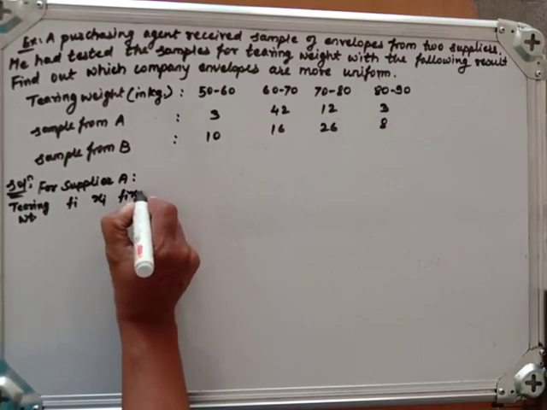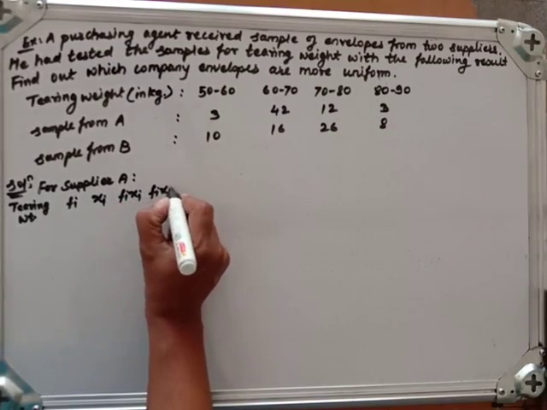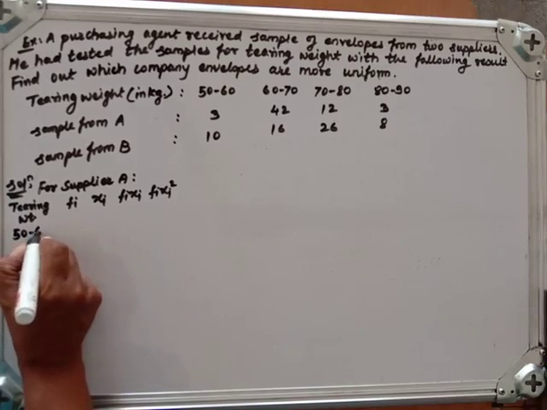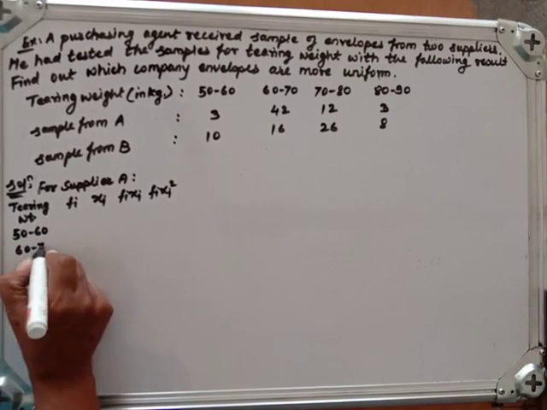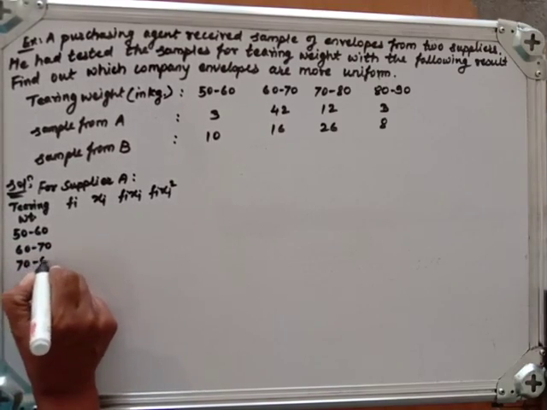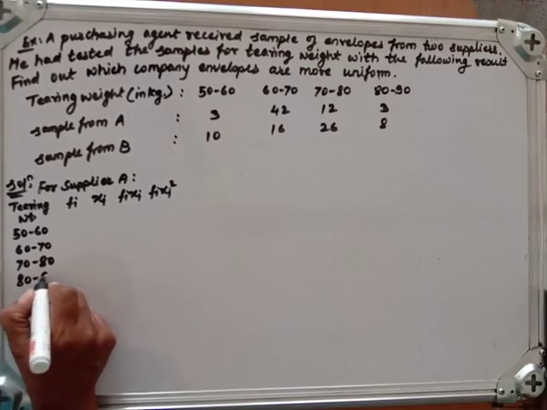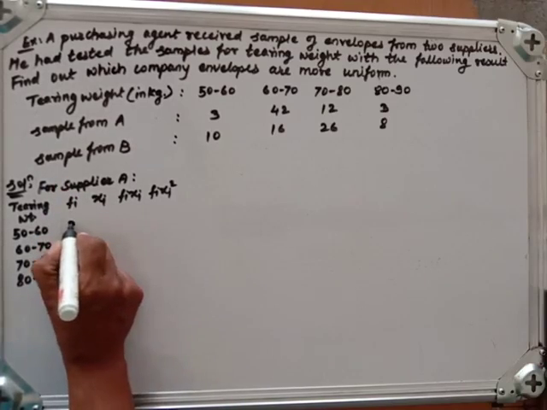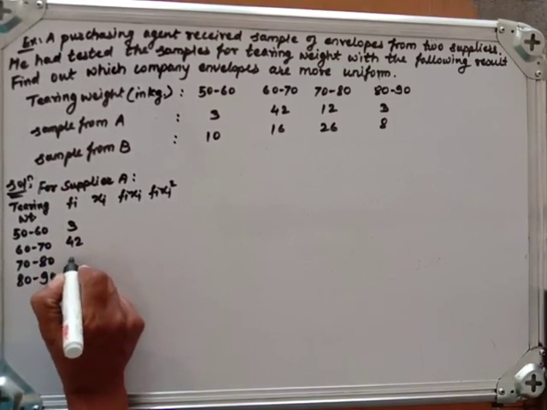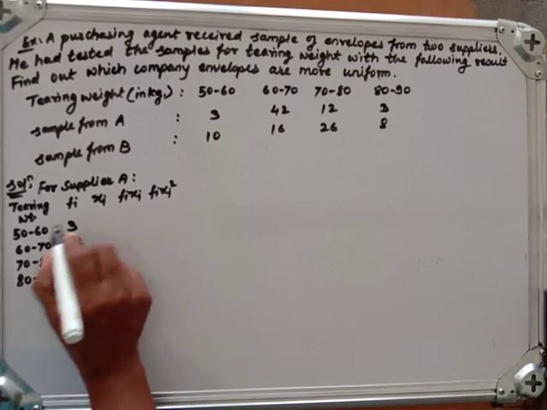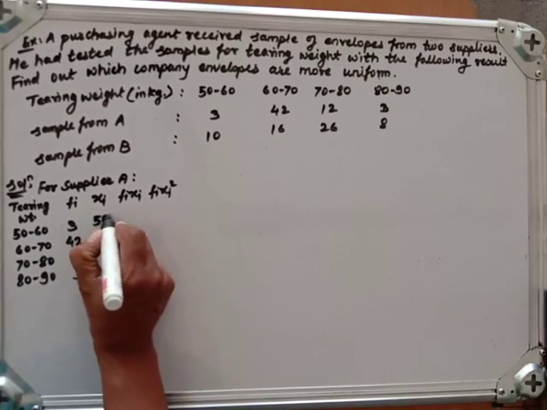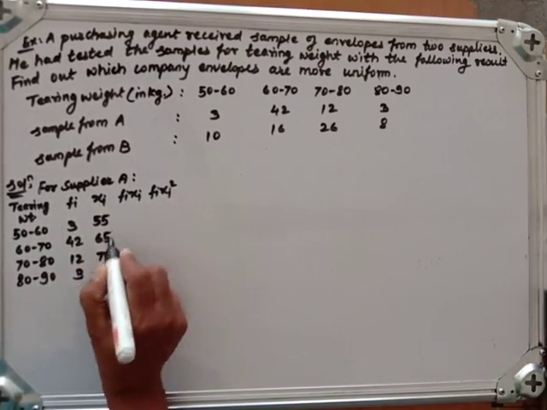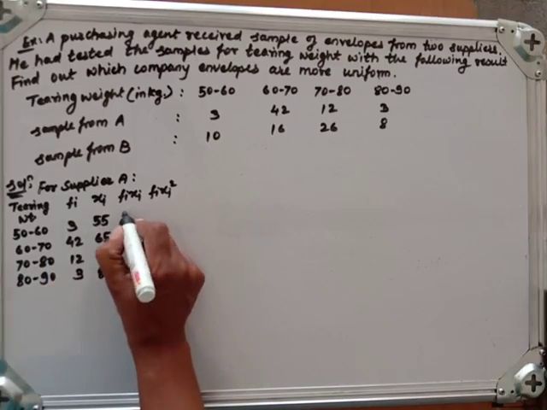As we saw in the previous example, we need fi square as well. So tearing weight 50 to 60, 60 to 70, 70 to 80 and 80 to 90. Fi is 3, 42, 12 and 3. Xi is 55, 65, 75 and 85.